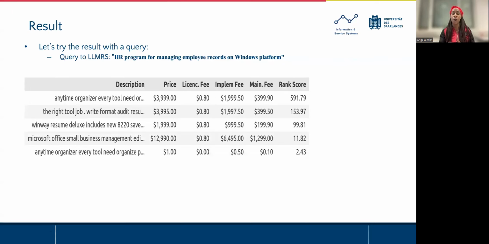But if we move to our pipeline, where we give the same query, HR program for managing employee records on Windows platform, the word embeddings are still computed by MPNet. And now we see that the first three, which initially had the same rating, now have different ranking scores.